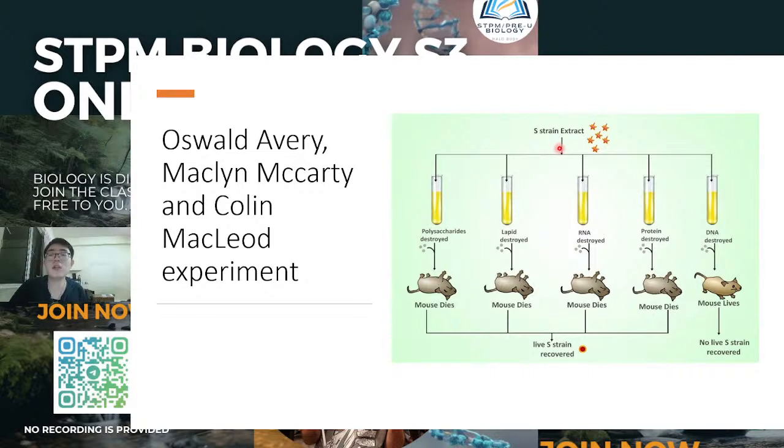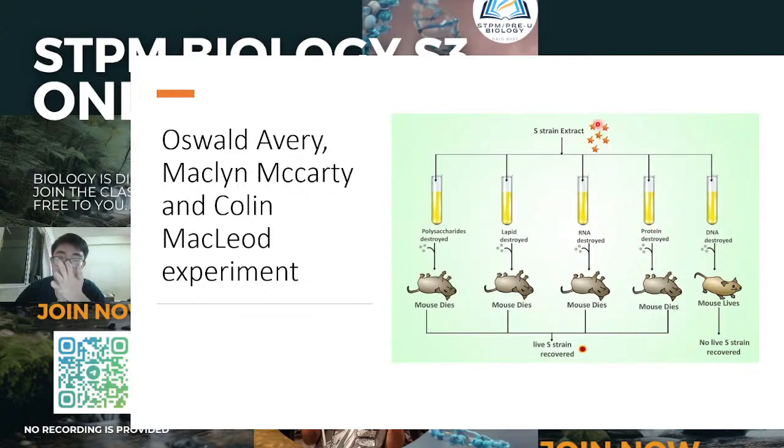So it only used the pathogenic one, because if the mouse is injected with the pathogenic strain, it will directly die. So how this experiment works is that it destroys certain biological molecules.